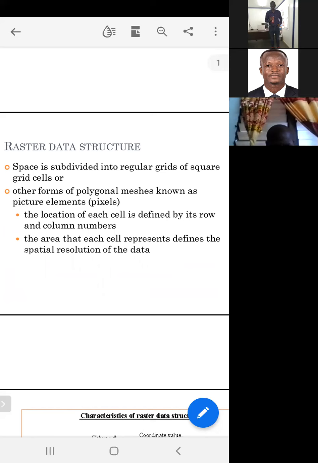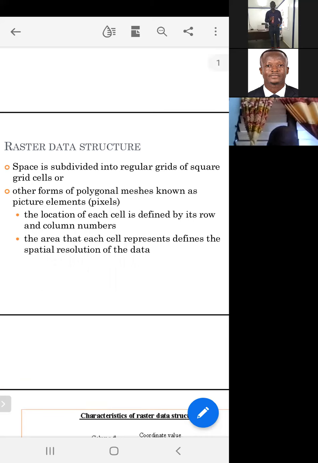Let me just say that your project area is subdivided into regular grids or square grid cells. In other words, you divide the whole area into smaller squares.